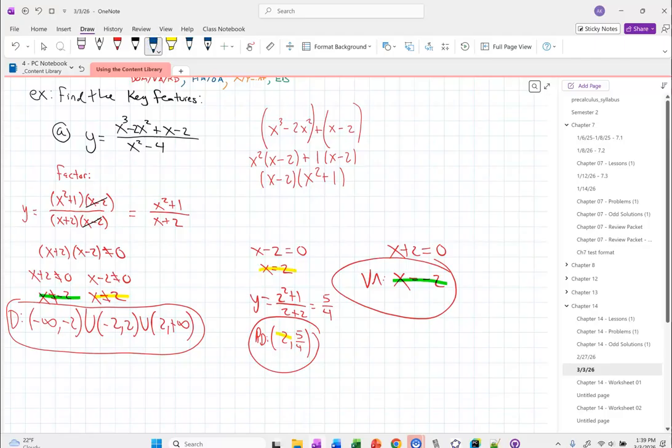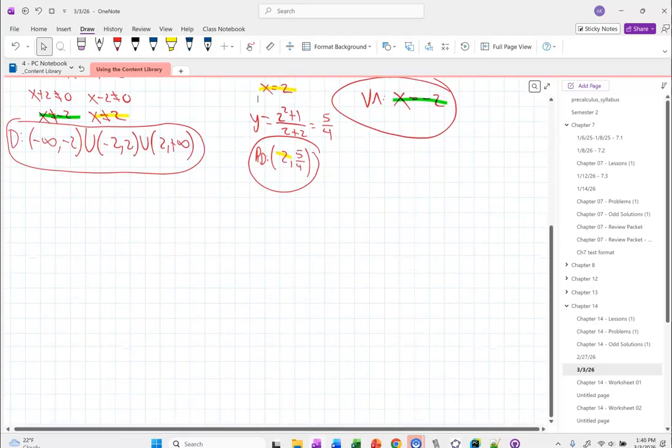All right. The next piece is going to be the horizontal or other asymptotes. So I'm going to look at the reduced problem.